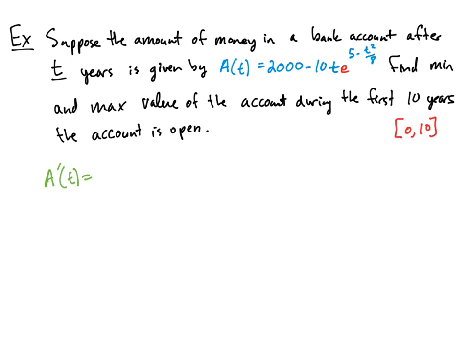So we said the derivative of 2,000 is 0. Here we have a product: t times e raised to that exponent. So we're going to use the product rule here.